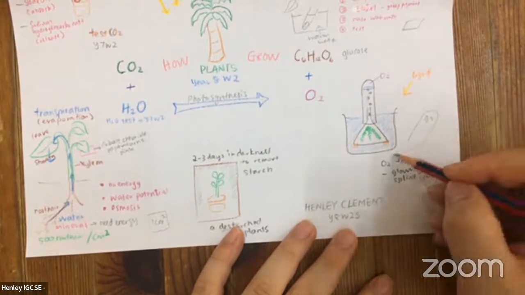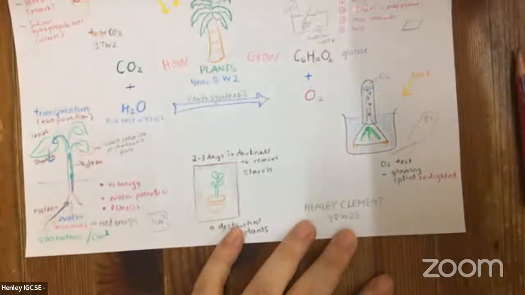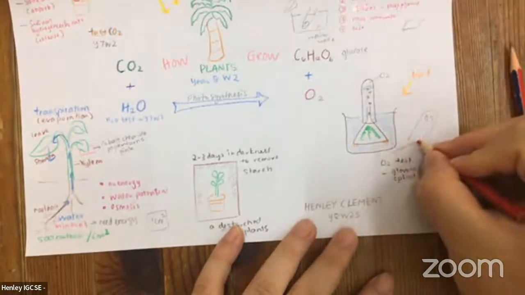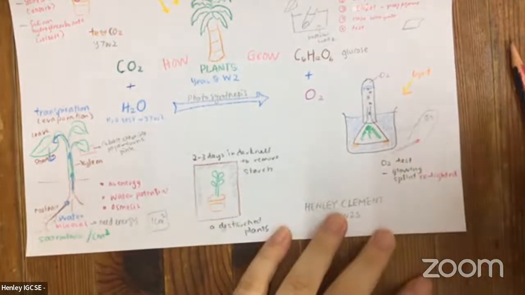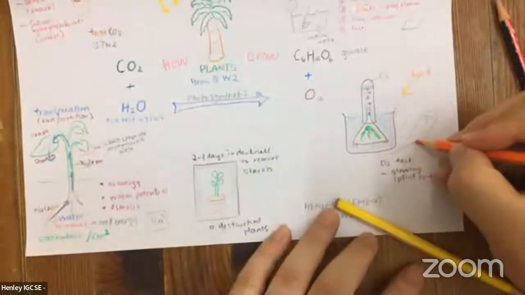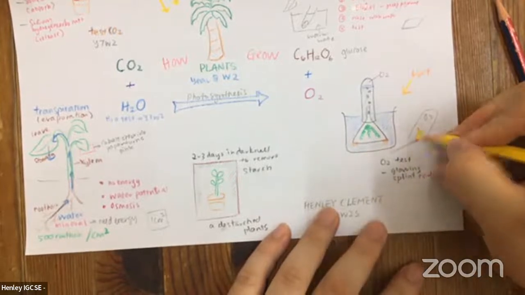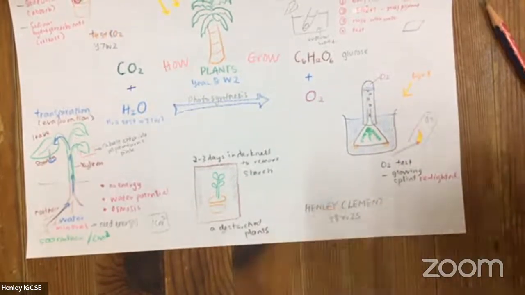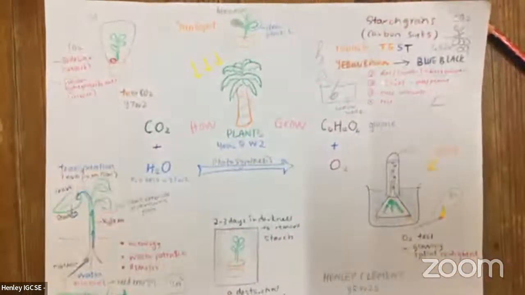If you bring in a glowing splint, that means no flame, and once you immediately insert it into the oxygen, this glowing splint will be lighted. You can see the flame here already. So this is the test for O2. We have the test for hydrogen as well. We will be learning that next time.